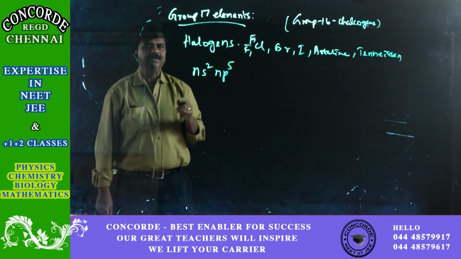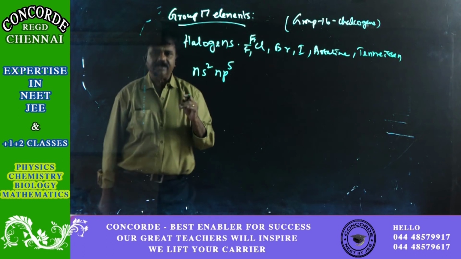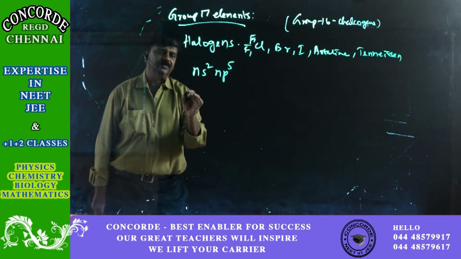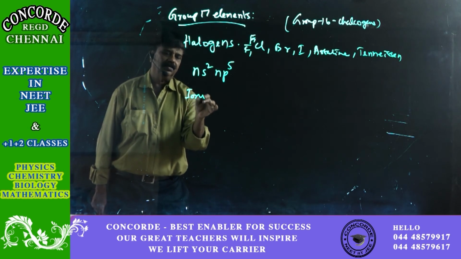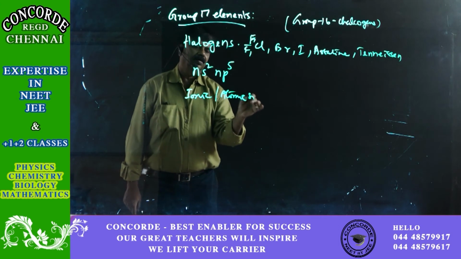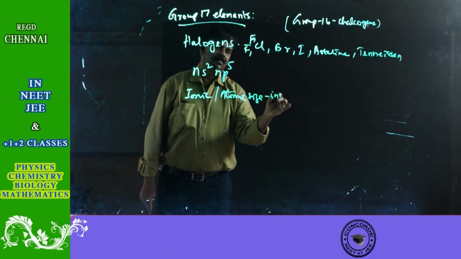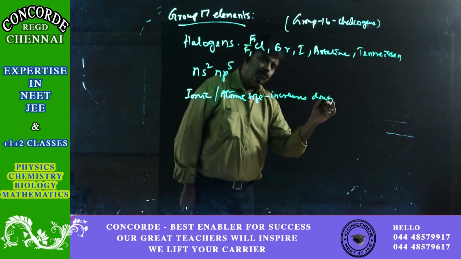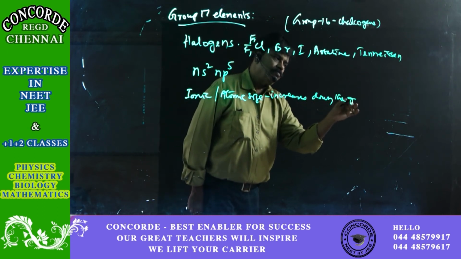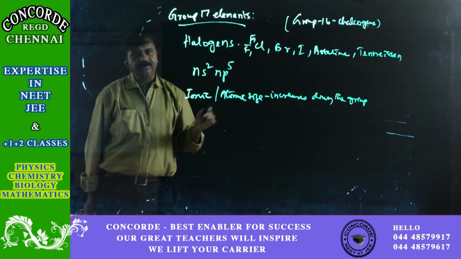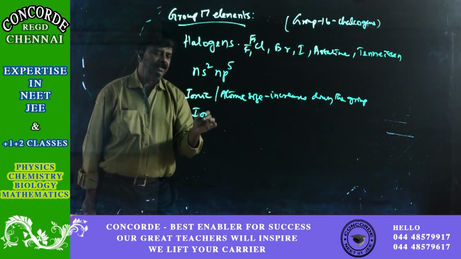So as usual, the atomic size as well as the ionic size increases down the group. Then ionization enthalpy.